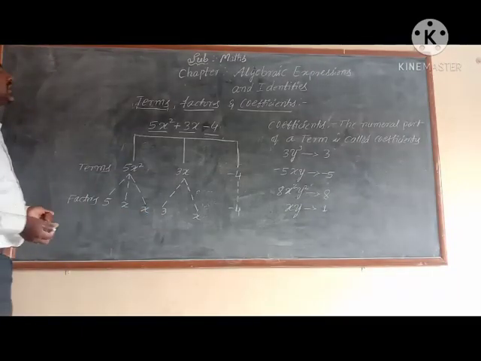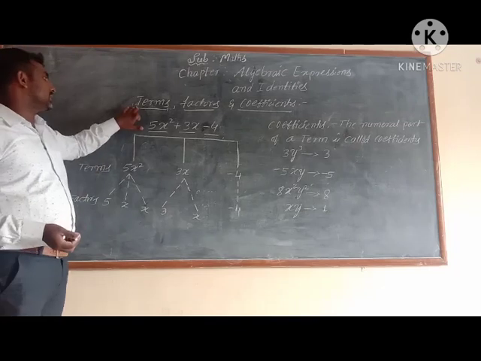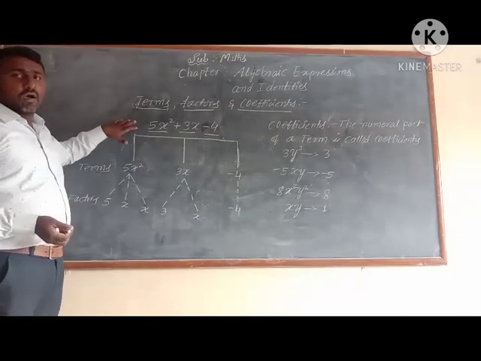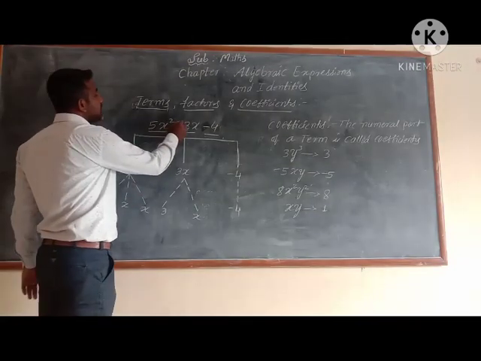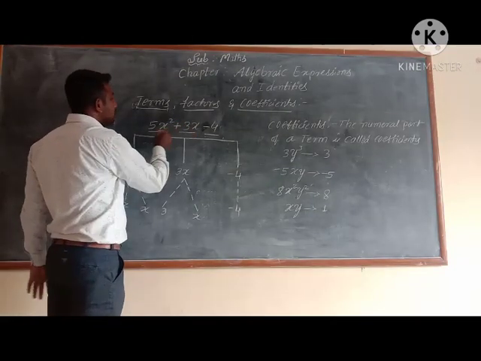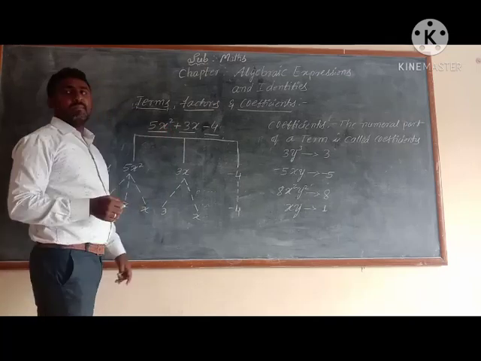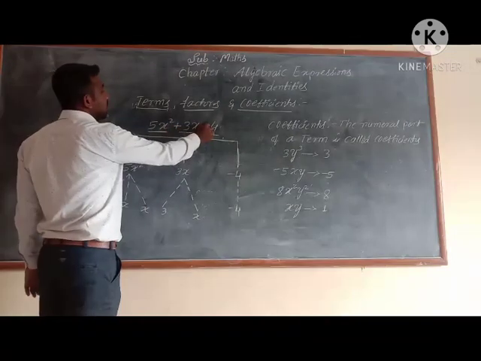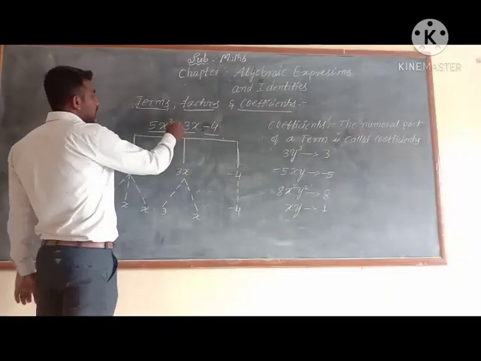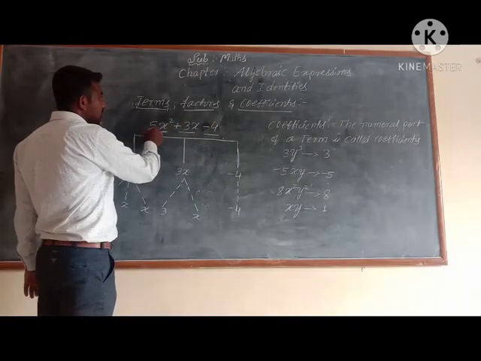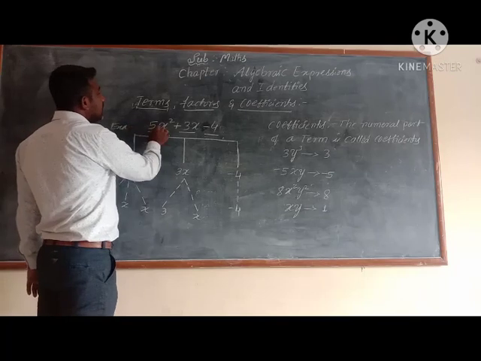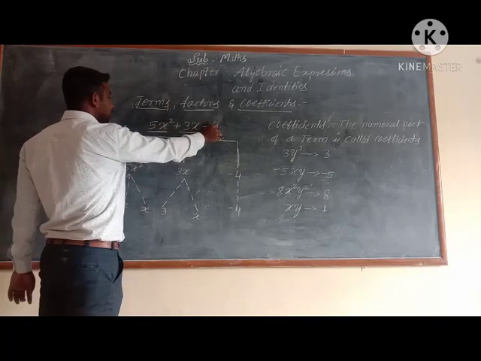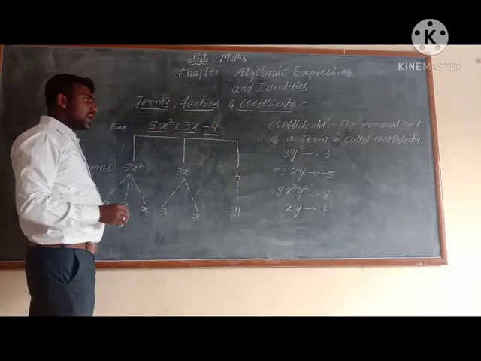Then terms, factors and coefficients. Terms: in an algebraic expression, the parts separated by plus and minus are the terms. In this example, 5x square, 3x and minus 4 are the three terms.